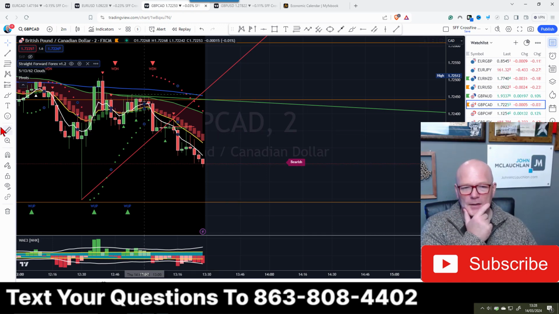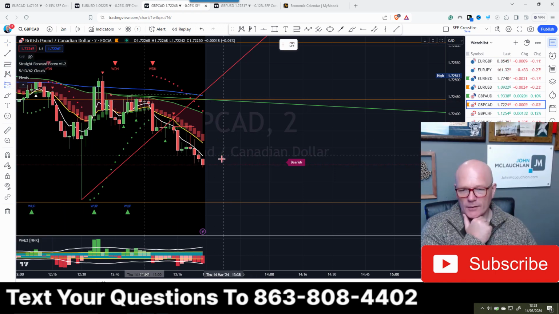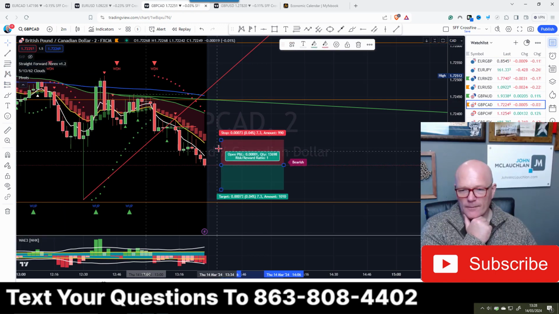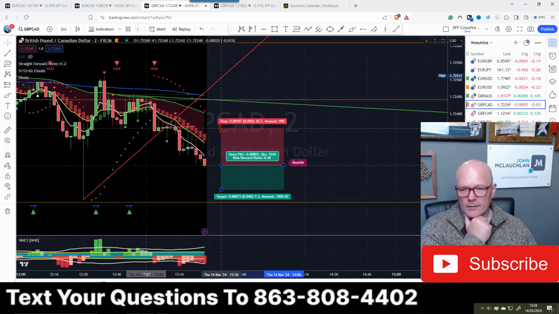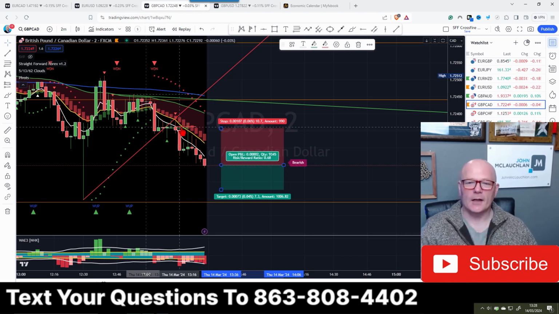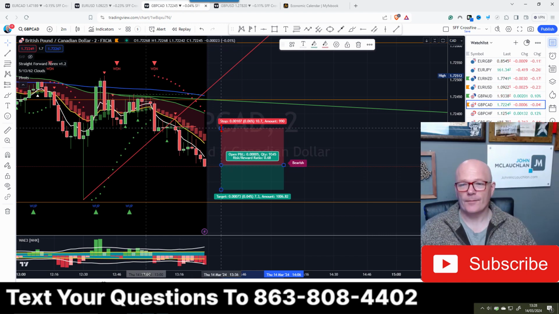But the thing is, if we were to take this, we go into there, we're going short. Up to here is where these lines, put here by our indicator, indicate potential stop loss areas, and 10 pips is not going to give us a 1 to 2.